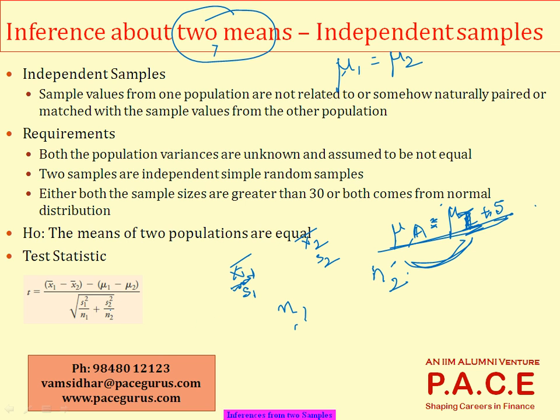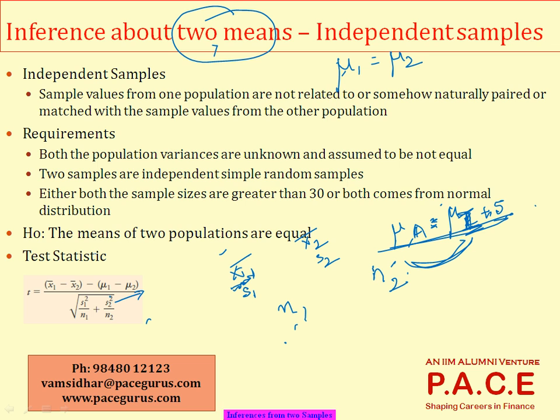So again, in case we don't know the population variance, and we are trying to find out the variance from the sample itself, then we are going to use the t-test, not the z-test, which we have seen earlier also.